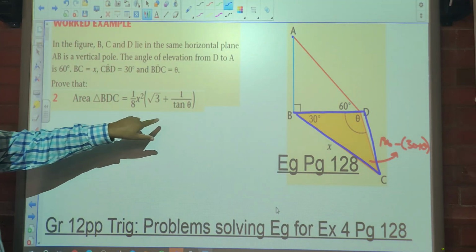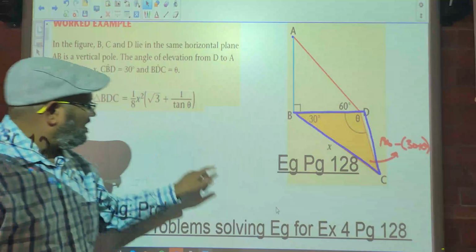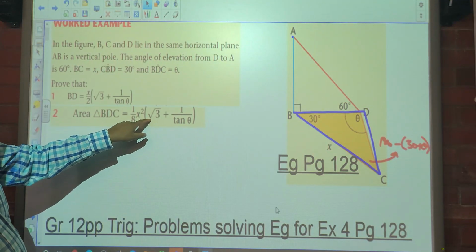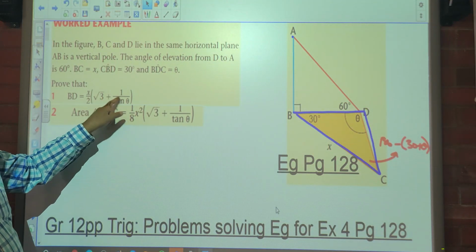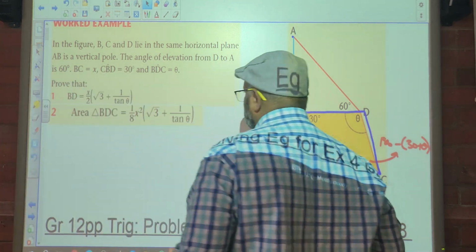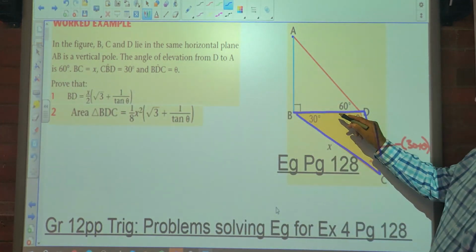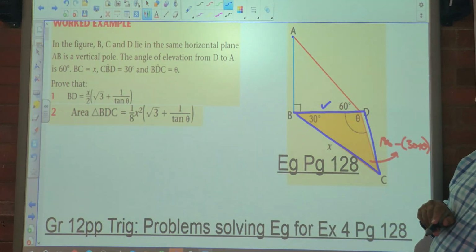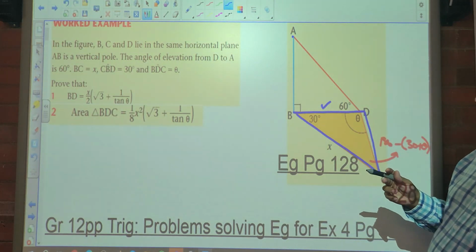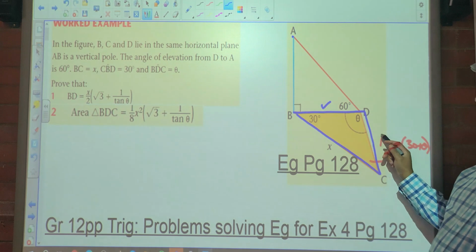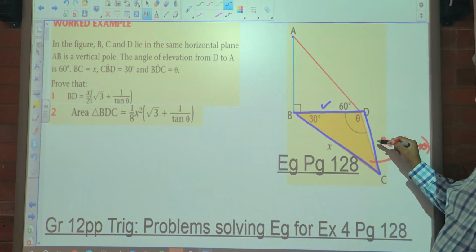So as you can see, some resemblance of our previous answer in here, not so? So, if I want to calculate the area of this triangle, I must use BD. Can you see that? And which other length do I have? I have this. I don't have BDC. Can you see that, people?